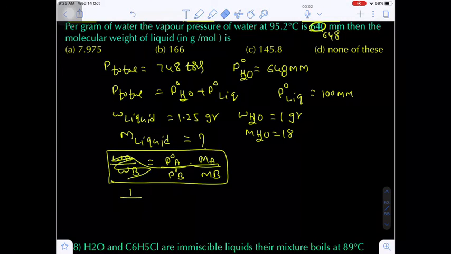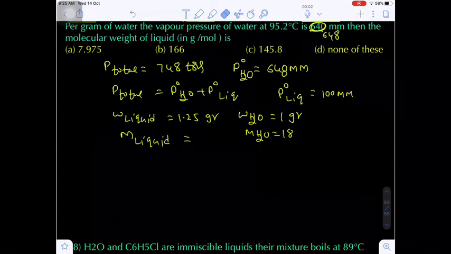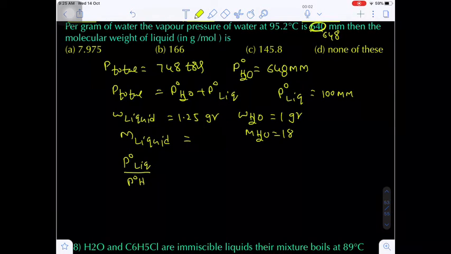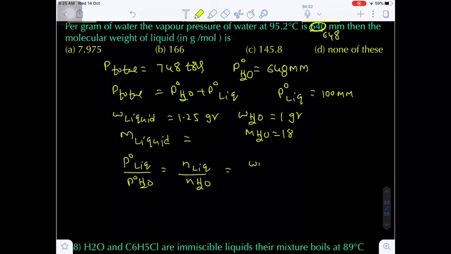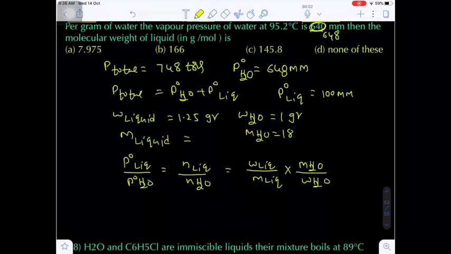I am using liquid and water instead of A and B. Now here I am writing: partial pressure of the liquid upon partial pressure of water equal to the number of moles of the liquid upon the number of moles of water. Yes or no? Now the number of moles of the liquid is nothing but weight of the liquid upon molecular weight of the liquid, into molecular weight of water upon weight of water.